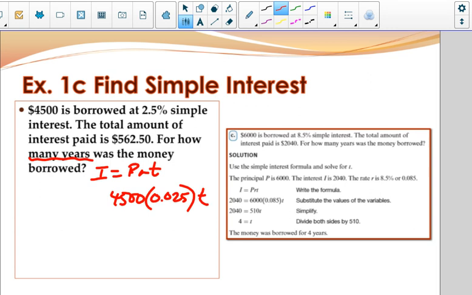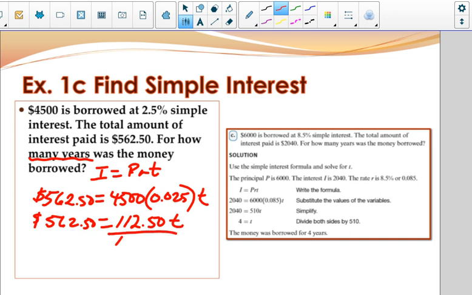We don't know the time, so we're finding T, but the bank paid you over that time period $562.50. If I do 4,500 times 0.025, that's going to give me $112.50. So $112.50 times T equals $562.50. To get T by itself, I just need to divide by $112.50.